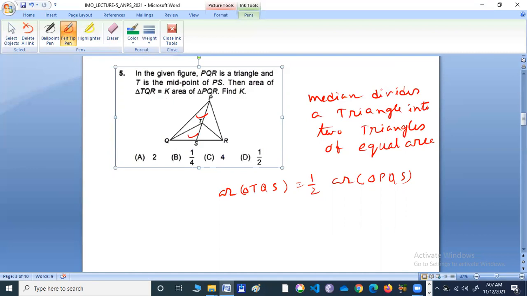Similarly, area of RTS is equal to half area of PSR.